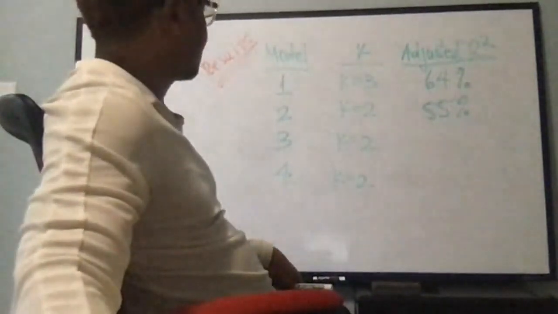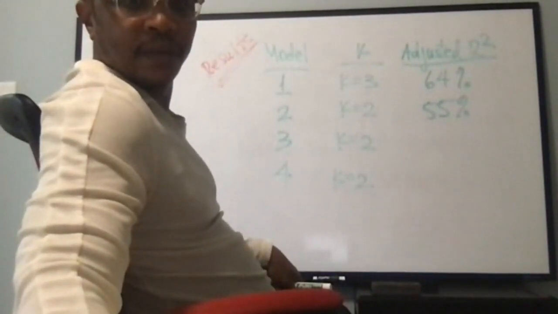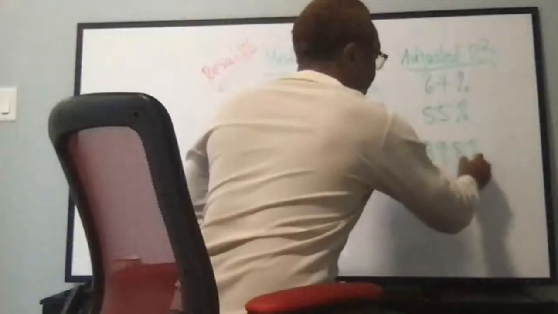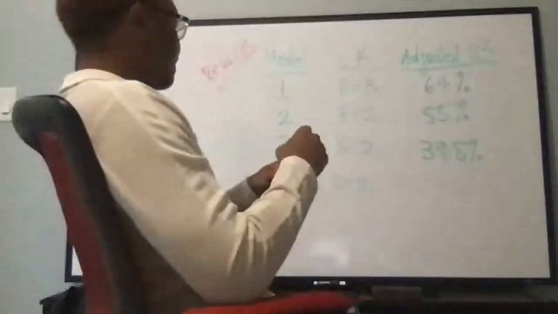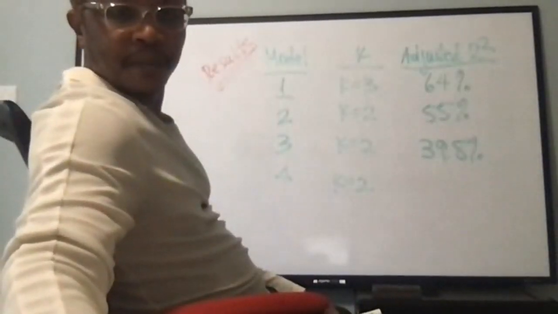Okay, how about the next model? When we're dealing with x2, x3, what is that adjusted R squared? 39.8. The value is 0.3977, so I'm assuming it's 39.8. You just move the decimal twice to the right. Finally, what's the last one?